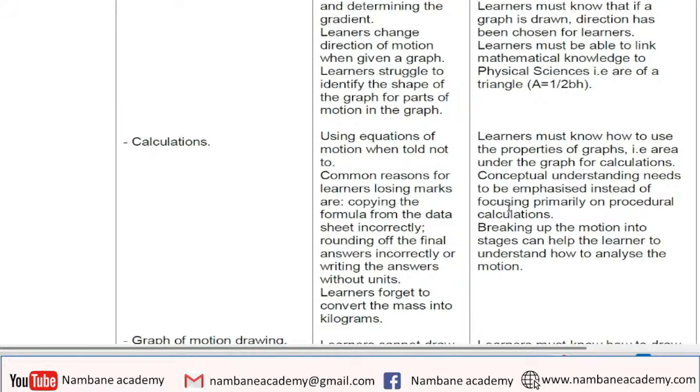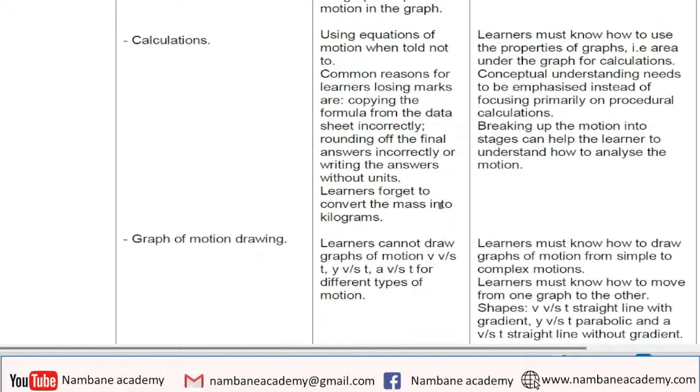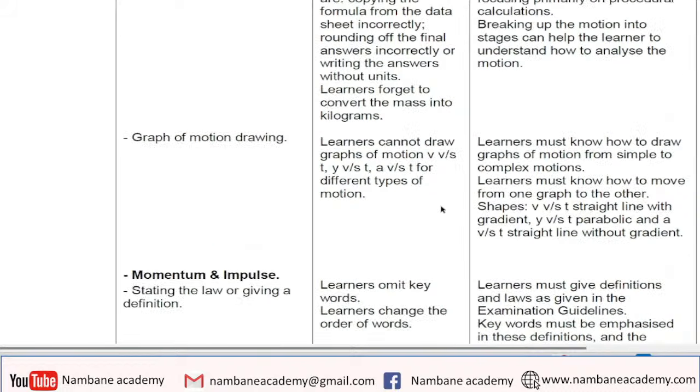It goes up, velocity decreases until it is 0 at the maximum height. It goes down, velocity increases until the maximum velocity on the ground. Those are some of the things that we must be able to identify whenever we are given a graph to interpret. And then whenever you draw the graphs of motion, very, very important.